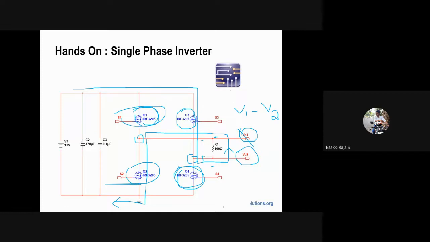If I do the reverse, V2 minus V1, then Q2 and Q3 will be considered the positive cycle. It is completely based on how we connect. In real time, in a simulation, it depends on the parameters which we subtract. So that's the working of this circuit.